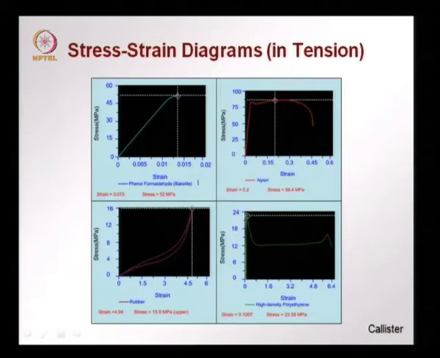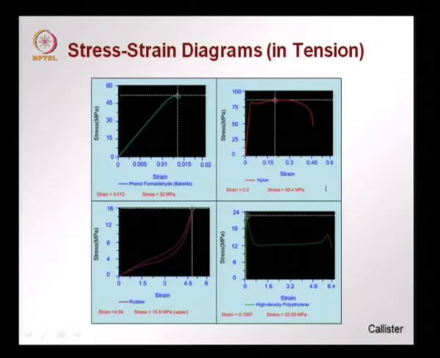This is in the case of bakelite or phenol formaldehyde, which was one of the first plastics to be used in large scale applications, and we see here that the stress at failure is about 50 megapascal, strain is 0.013, and I repeat that you see here a linear elastic response over a large part of the stress strain behavior followed by sudden failure. You do not have any substantial curve beyond the peak.